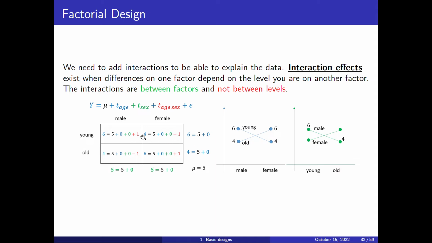And if this is -1, then this has to be +1. So interactions are extremely cheap, and they may explain a big part of the variability of the data, and they may be needed to explain the means that you observe in each one of the cells.